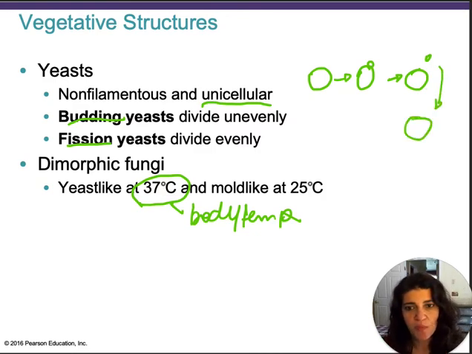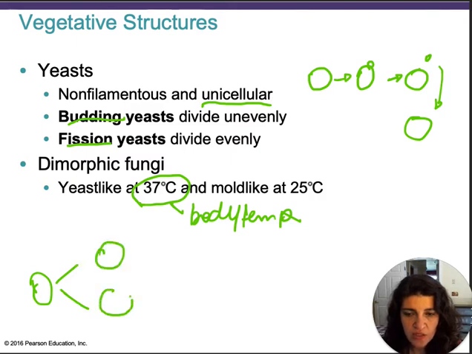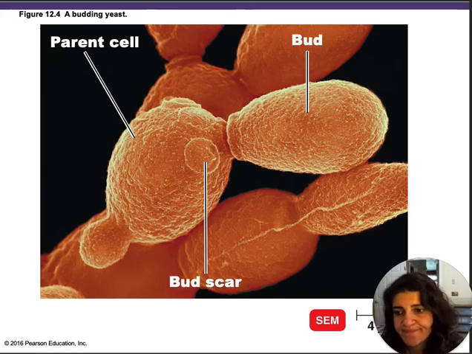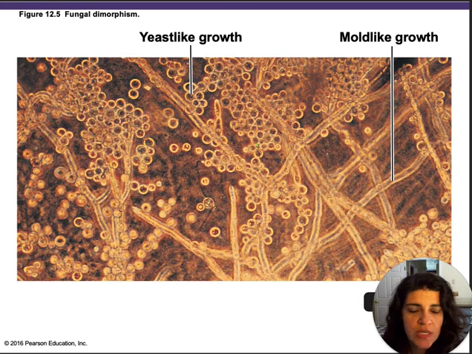So it's different from fission, where one mom splits into two daughters that are the same cell size as the mom cell, okay, the mother cell. So this is budding. You see, there is one bud, another bud here coming from this parent cell. They don't call it mommy cell like me. And this is just an example of fungal dimorphism, where you have the yeast-like row, the single cells, and the mold-like row that can be identified by the presence of hyphae. Okay?